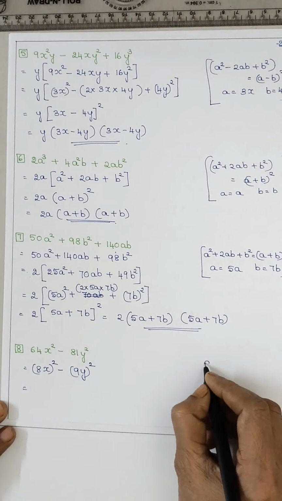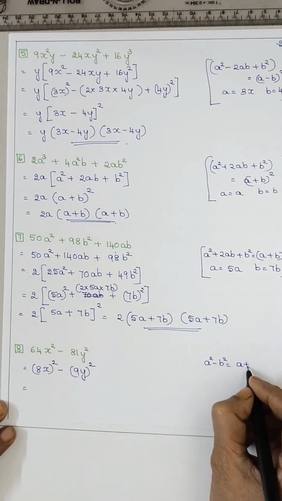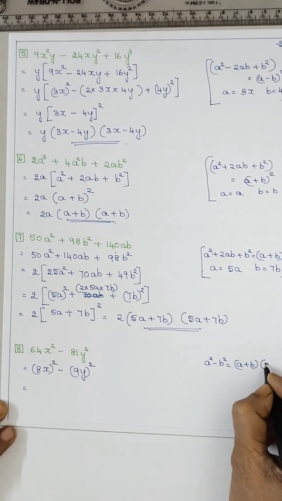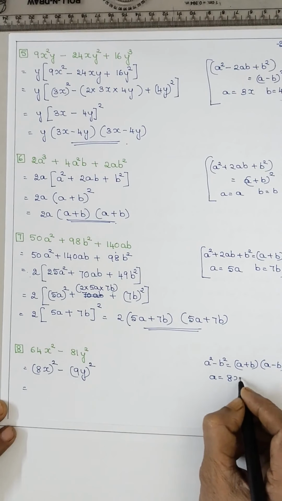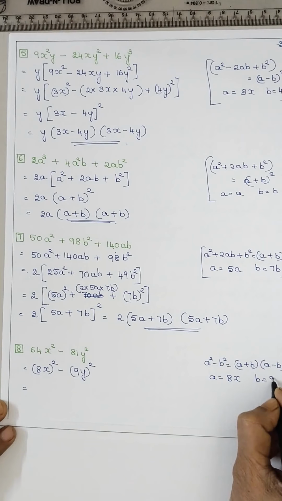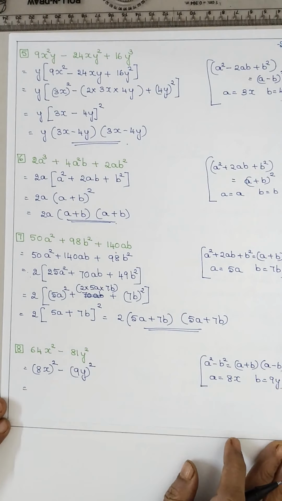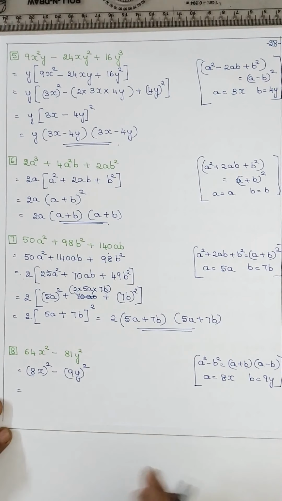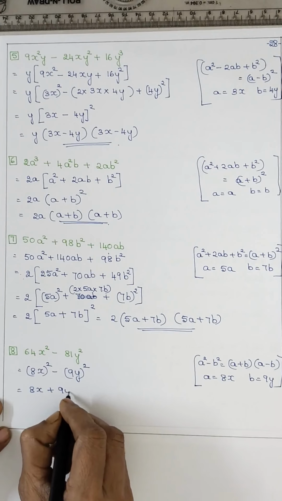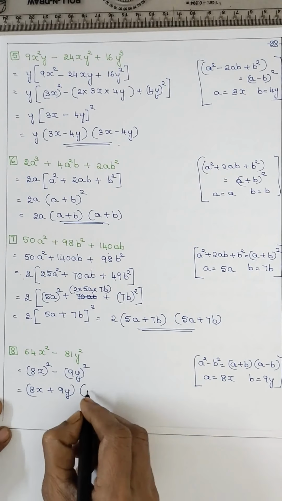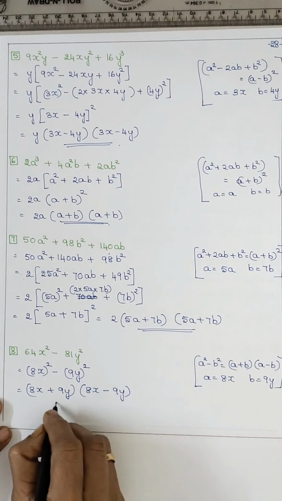So it is a squared minus b squared is equal to (a plus b)(a minus b). But here a is 8x and b is 9y. Isn't it? Now (a plus b), (a minus b).